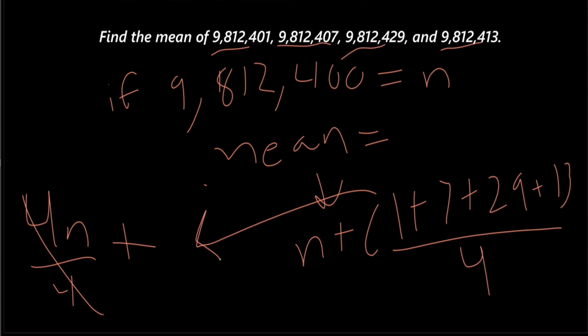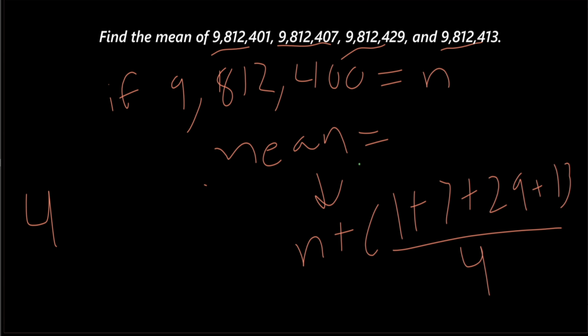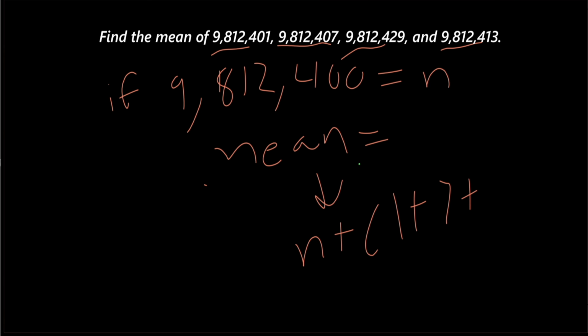And then the 4's cancel out, so it's just n plus the mean of 1, 7, 29, and 13. So now that we know that, we can move on to solving this.